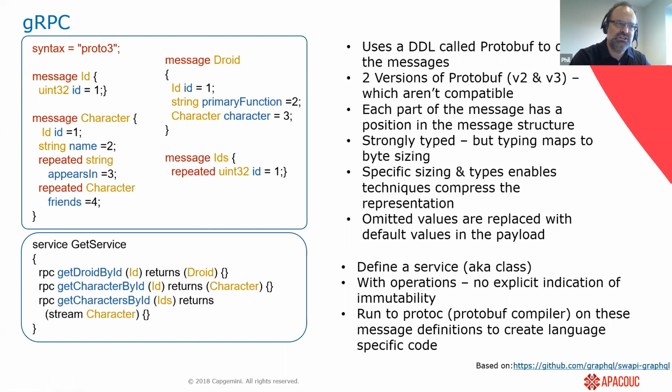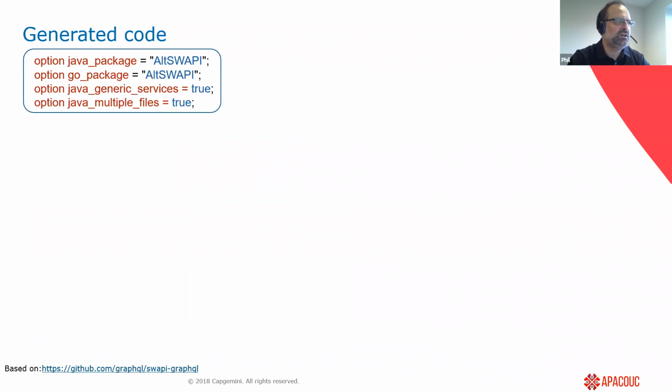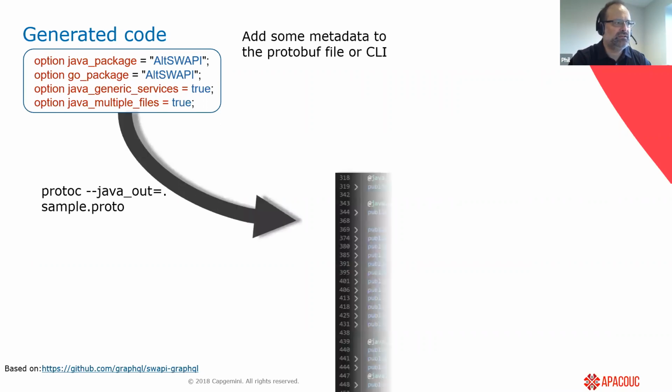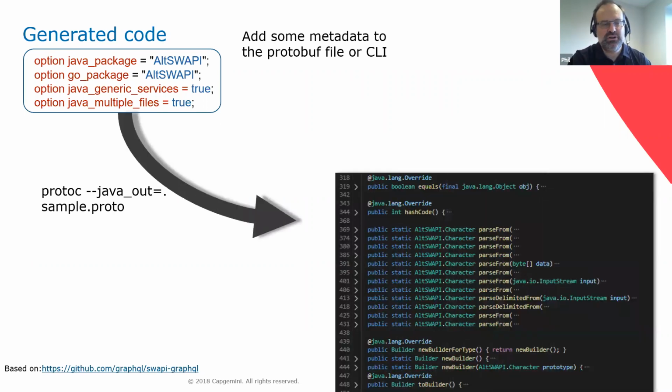The services are effectively pretty much operators on a class or functions on a class, and your payload definitions are effectively the attributes of your class. What we do now is we can give the Proto3 file some extra annotations, or you can provide it in the command line. And then we run the Proto compiler, and it generates our code.